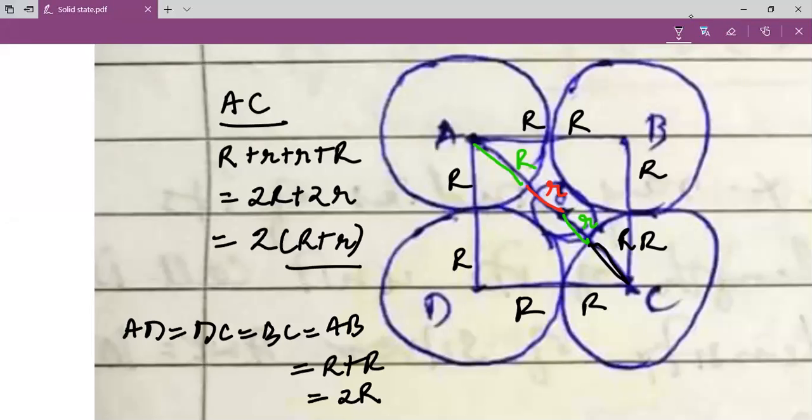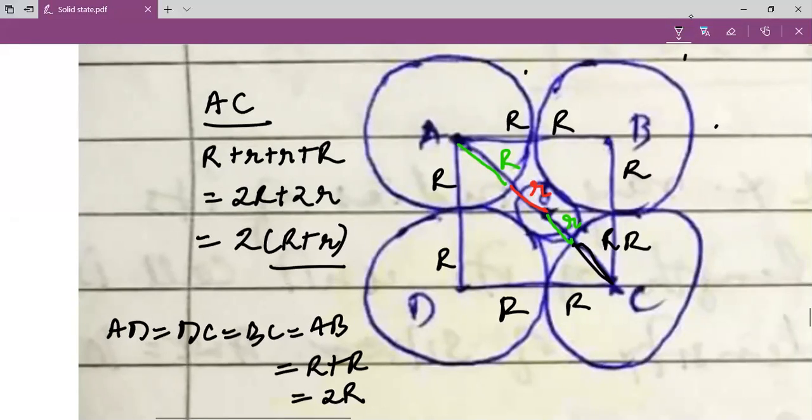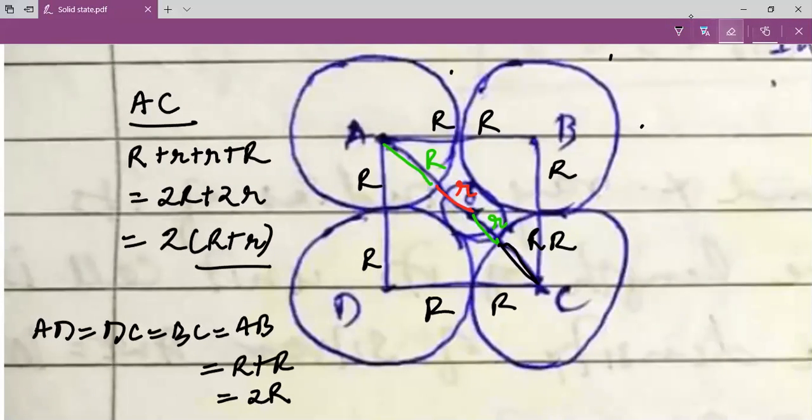If you take any other distances like AB, BC, CD, AD, these all are going to be 2R. Now by knowing this, we can solve this problem, my dear students, very easily. So let us try to solve this problem. How can we solve this problem? Let's have a look into it.